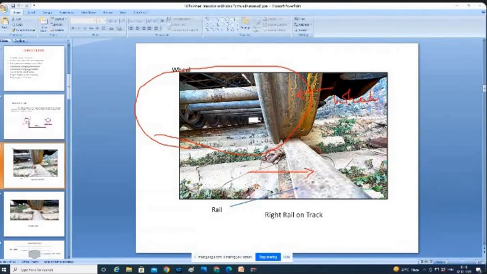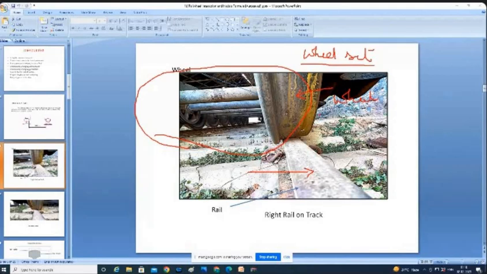Wheel set means both the sides wheel discs will be there, and in the center an axle will be there. That terminology we use is wheel set. Only wheel means only one side, either left side or right side.